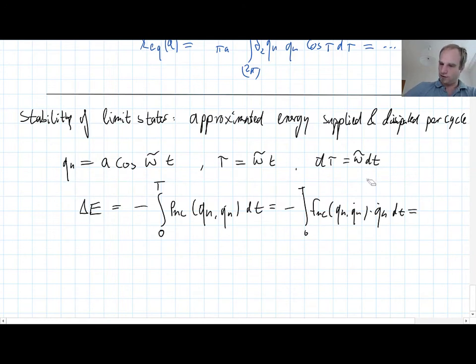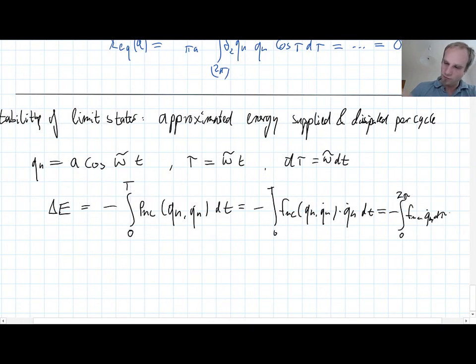And if we now substitute this normalization, we can instead integrate from 0 to 2 pi FNC QH dot d tau.